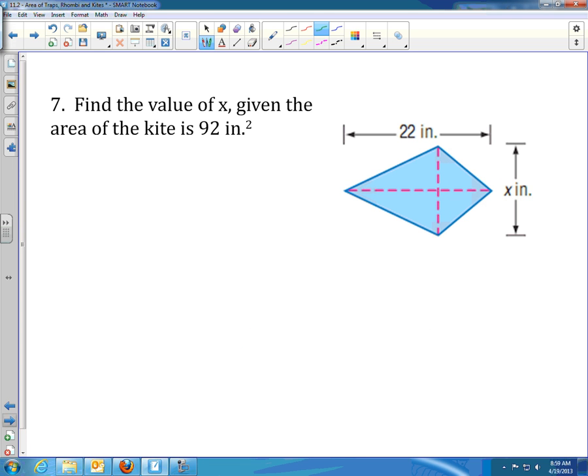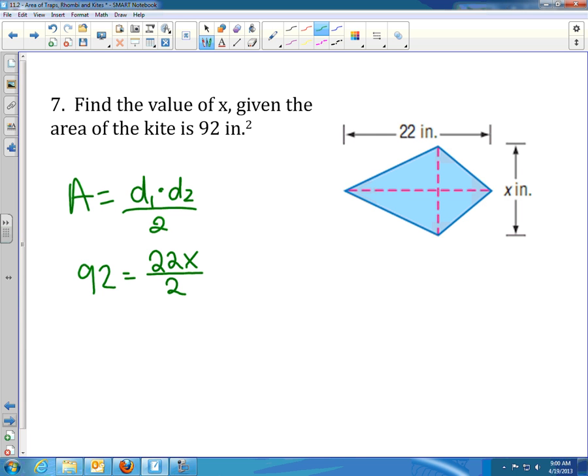Number 7, find the value of x given the area of the kite is 92 inches squared. Ooh, this one is where we are given the area and we need to find the missing piece. So diagonal 1 times diagonal 2, divide by 2, that's our area formula. So let's plug in what we know. We know the area is 92. We know one of the diagonals is 22 and the other one is x, and divide by 2.